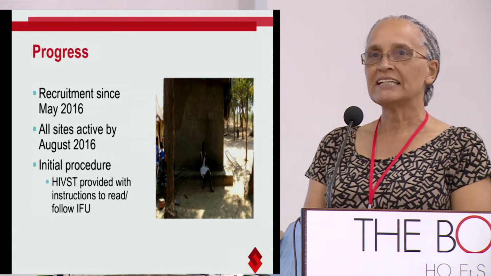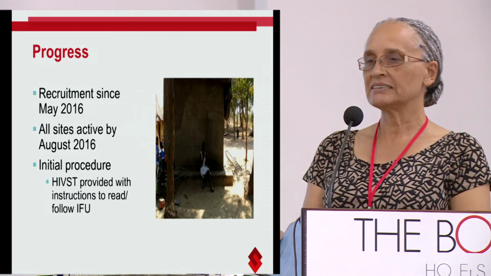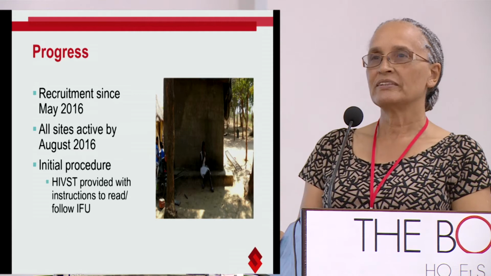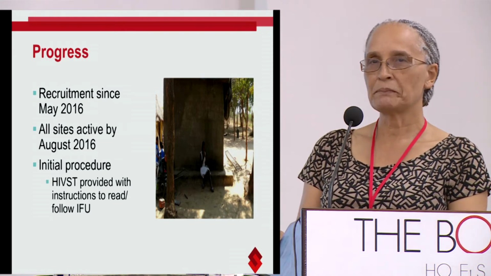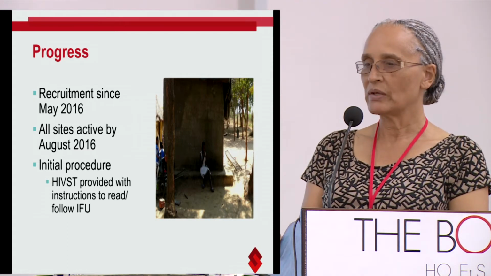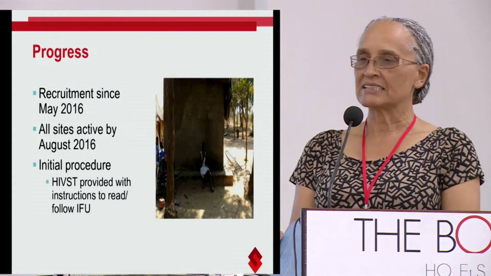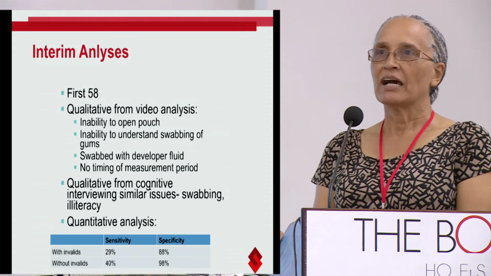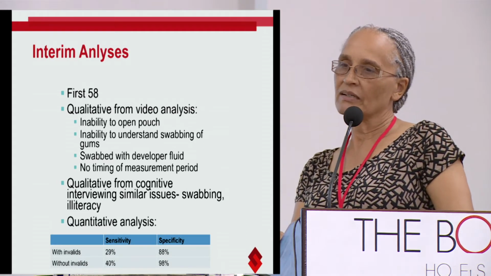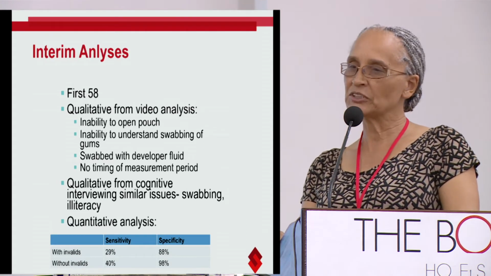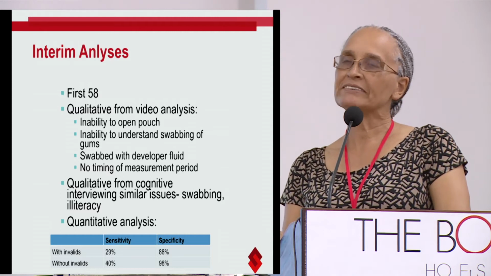As I said earlier, in the initial procedure, the self-test was provided with the instructions, and the people were asked to read and follow the instructions for use. We did an interim analysis for the first 58, using both the videos that were done, as well as cognitive interviewing.